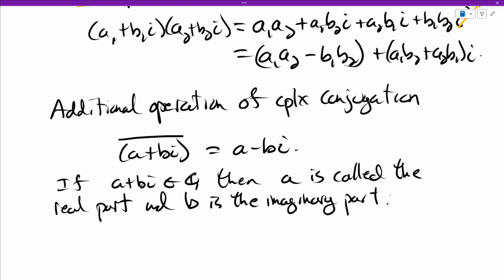And so with these definitions of the components of a complex number, the operation of complex conjugation is the negate the imaginary part operation.